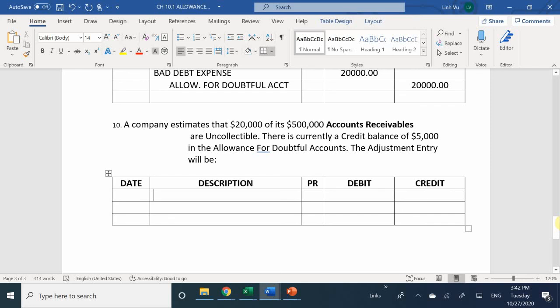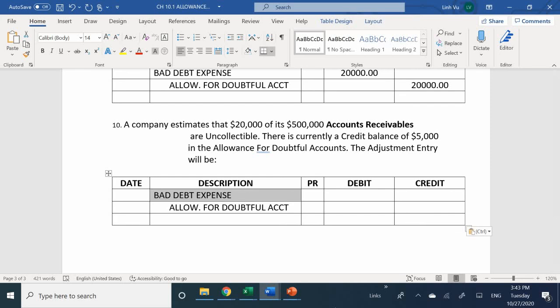So it's going to be the allowance for doubtful accounts. Well, I was thinking that would be the first one, but that's clearly not right because you did not agree. Now, what does it say here? A company estimates. Do you know who? Oh, no. So it's still bad debt. Good job.